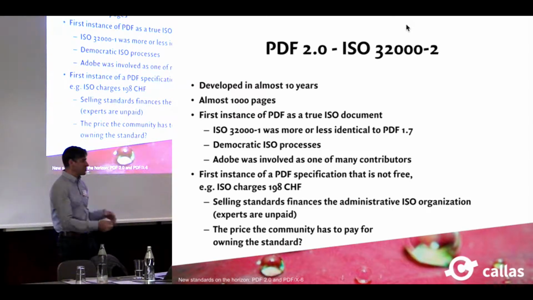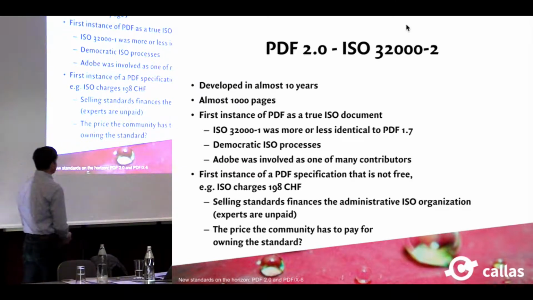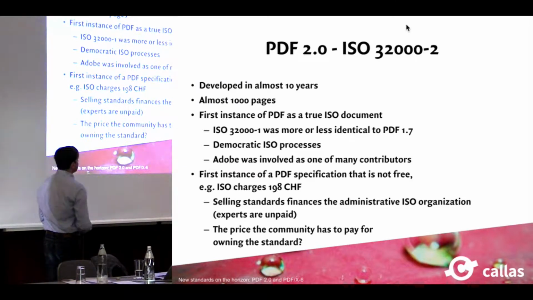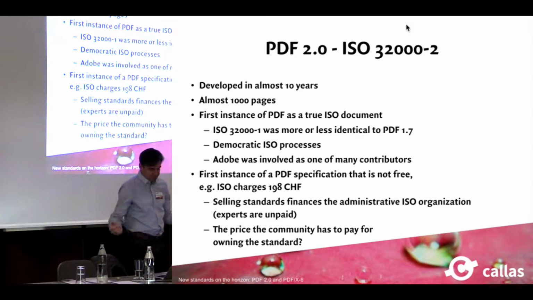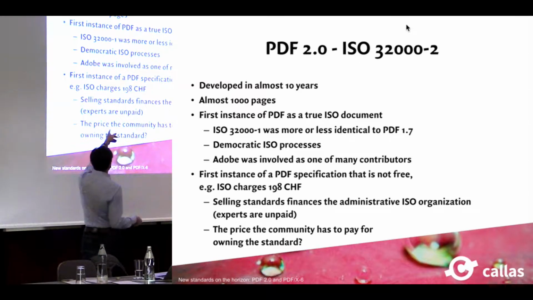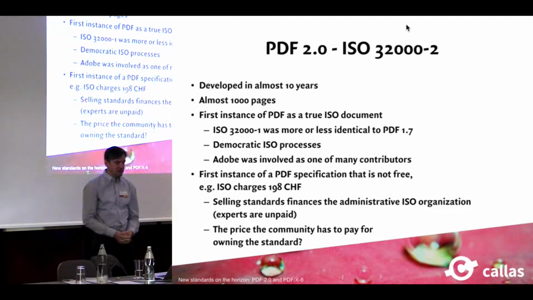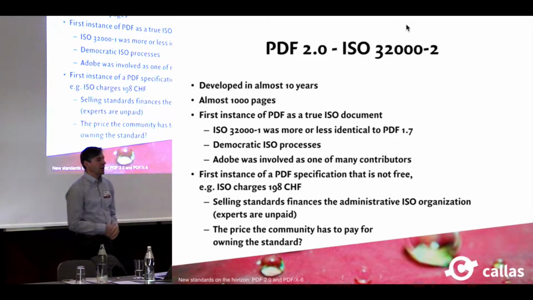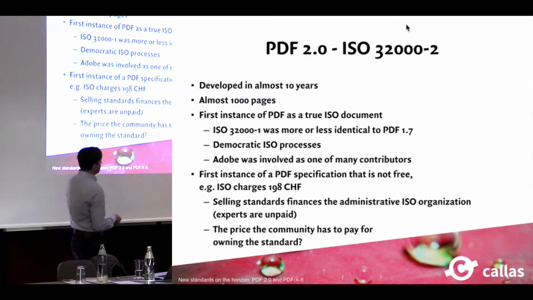All the contributions of the experts in the group are free, so nobody earns money for that, but for the administrative organization, money is needed, and that comes from selling standards. So it now costs almost 200 Swiss francs to get this standard at ISO, and the standard bodies like the German DIN or other countries also sell these standards.